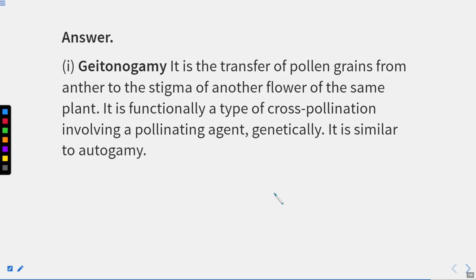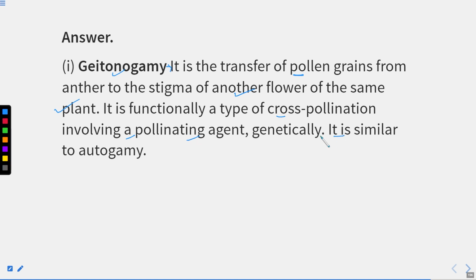Now, geitonogamy. What is geitonogamy? It is a type of cross-pollination. We have already discussed this. It is the transfer of the pollen grains from anther to the stigma of another flower, and that flower is present on the same plant. Functionally it is a type of cross-pollination involving a pollinating agent, so a pollinator is involved here.